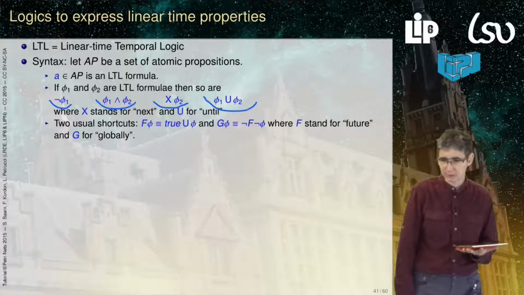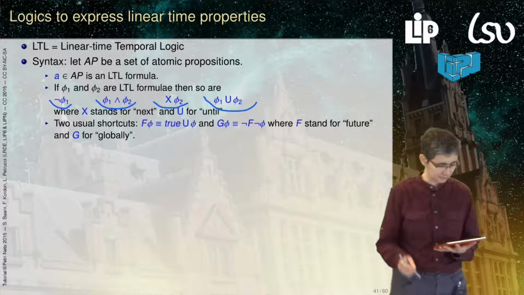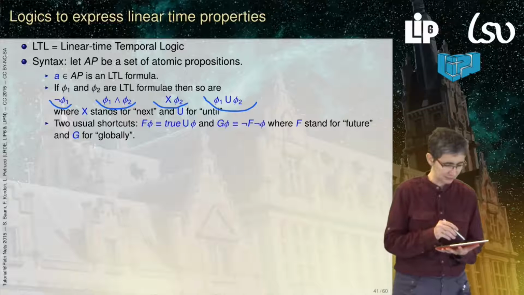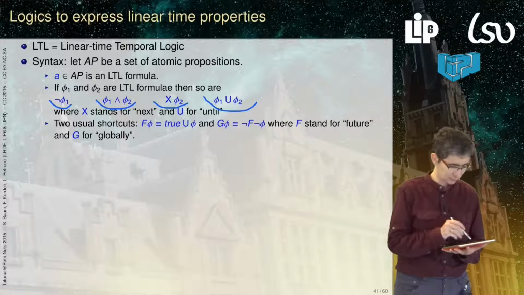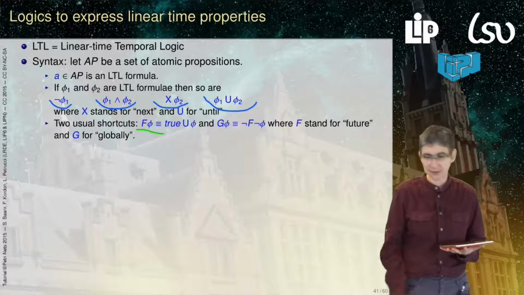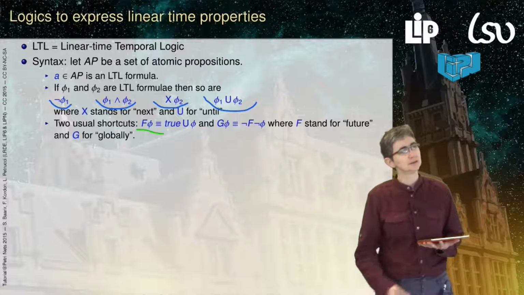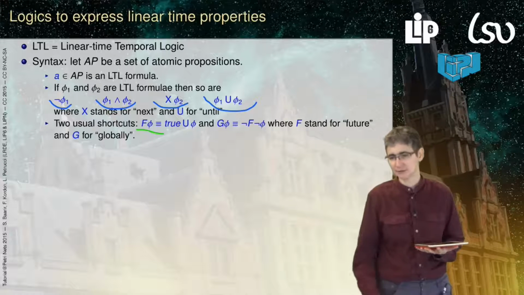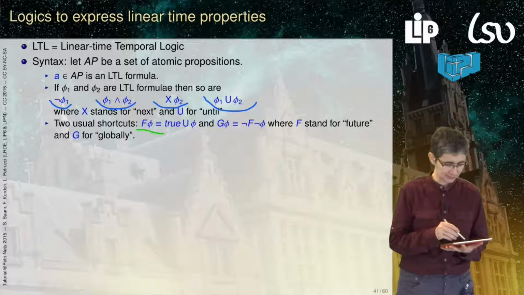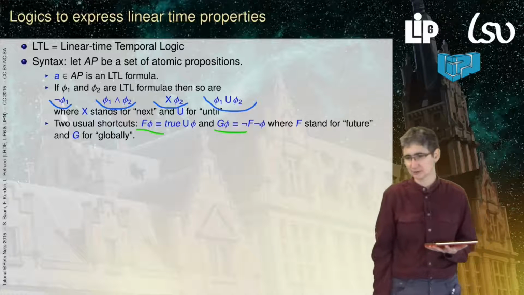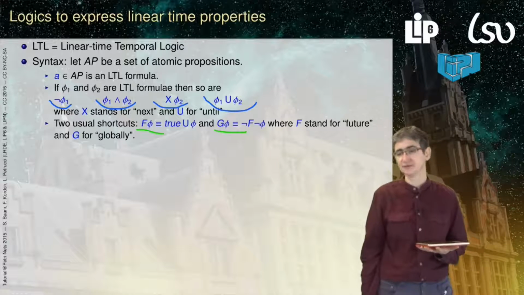You also have in the literature some shortcuts that are generally used. In these shortcuts you have F. F phi says something is true until you have phi, and G phi is the negation of F not phi.